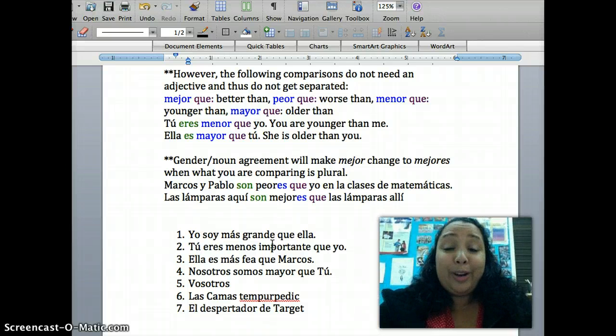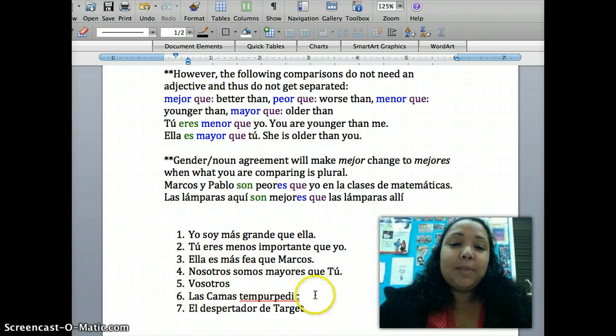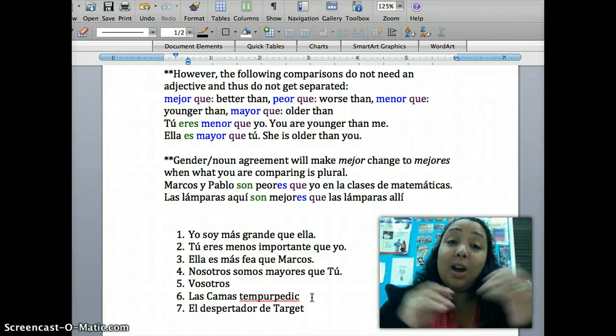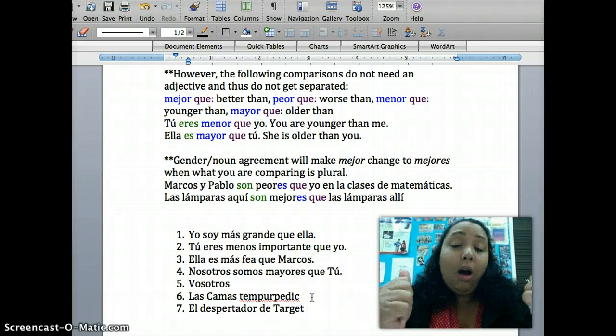Now, there's an error here, correct? Have you caught it? Mayor needs to be mayores. Why? Because nosotros is plural. Okay? I'm going to jump down two, to el despertador de Target. And I want to say Target's alarm clocks are better than Walmart's.